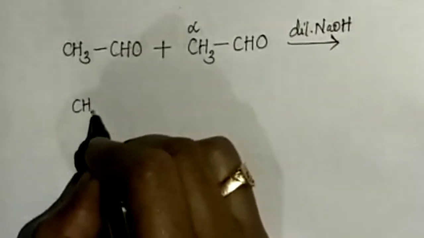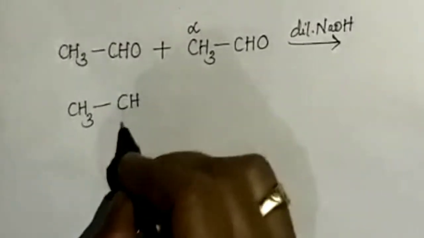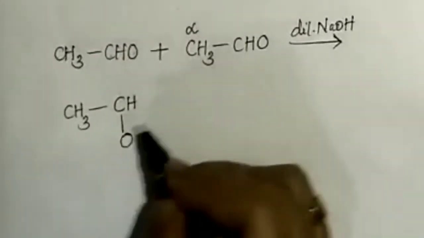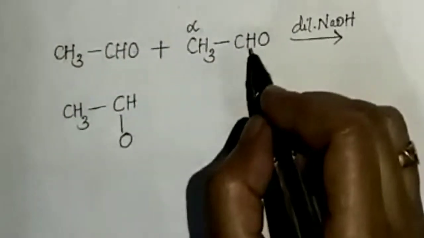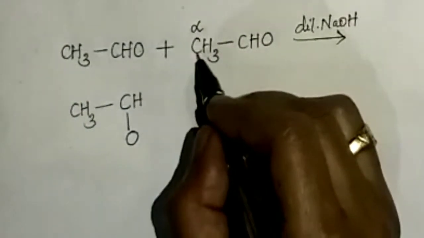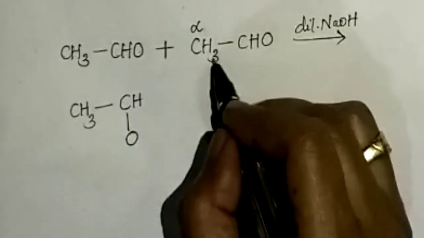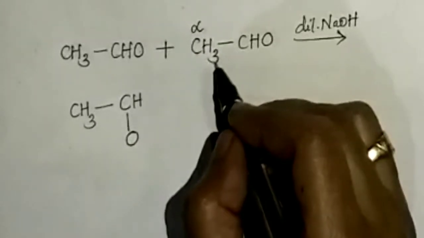The first aldehyde is CH3CHO, with the O written like this. Then from the second aldehyde, this is the alpha carbon, and the hydrogen it carries is known as the alpha hydrogen.